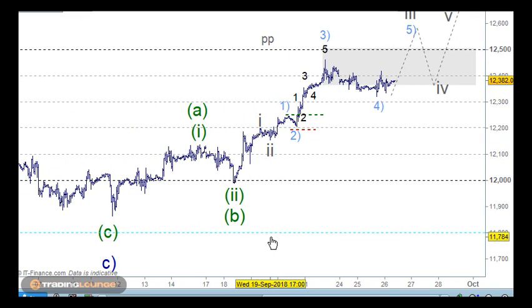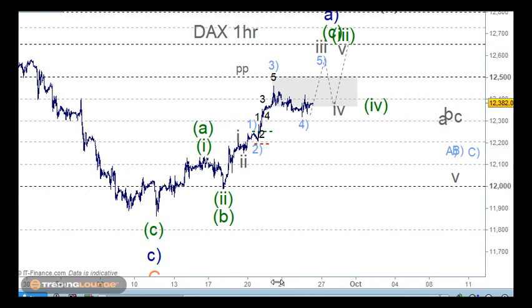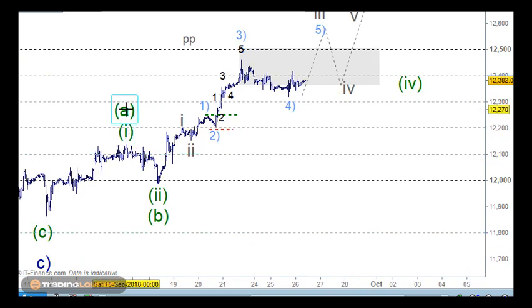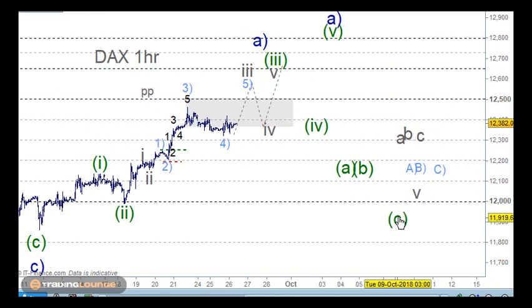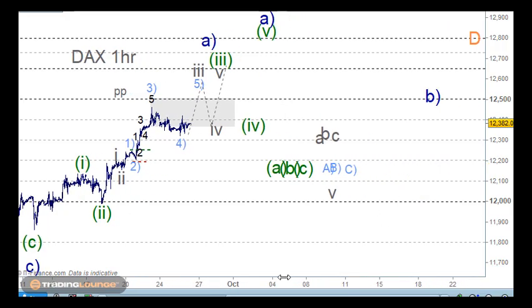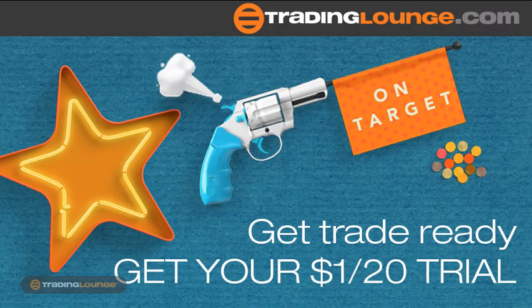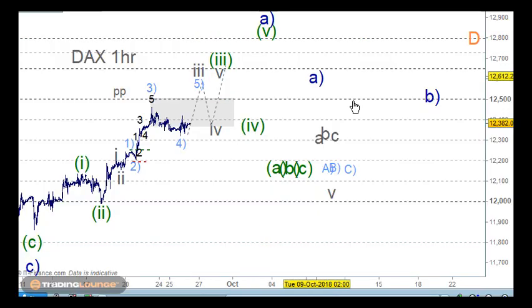On the 1-hour chart, I'll move these out of the way, this A, B and C wave. We'll move them further out of the way, and we don't need that.